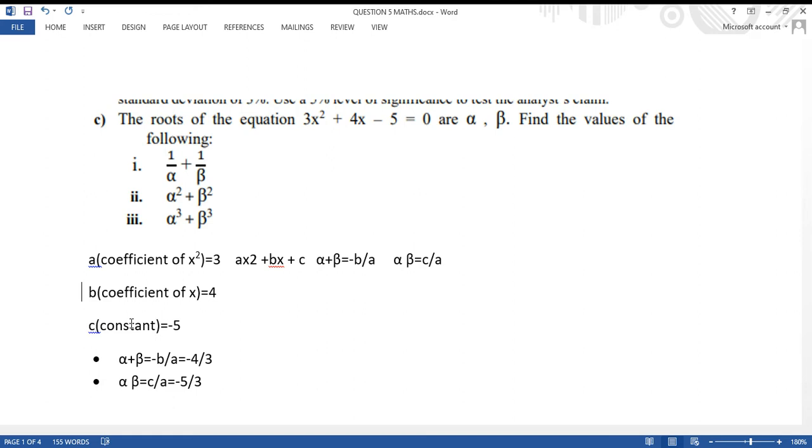The first thing you do, you get your coefficient of x squared. A coefficient is a number that comes before a variable. The variables are just the letters.